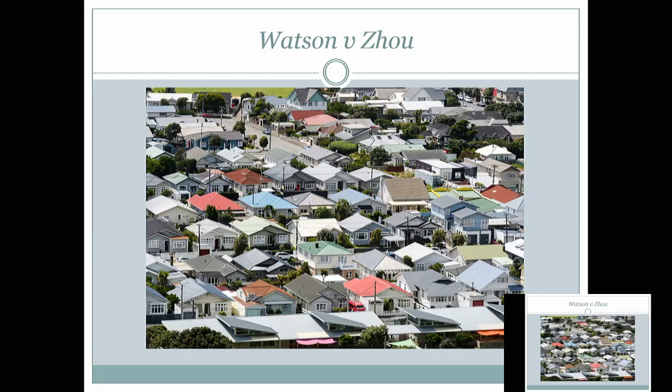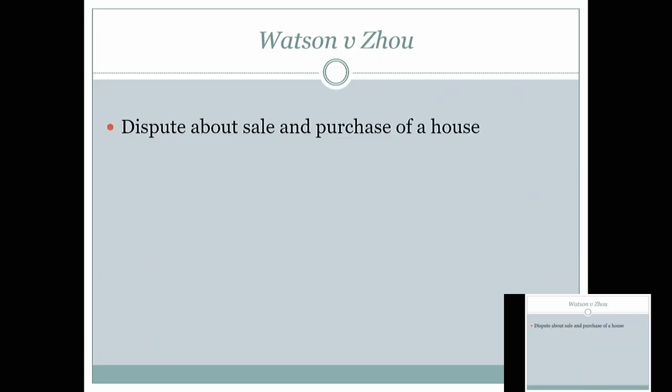Like so much of New Zealand's negligence and contract law over the last 20 or 30 years, this was a dispute arising from a leaky house. There was the sale and purchase of a residential property which very quickly developed quite severe leaky issues.